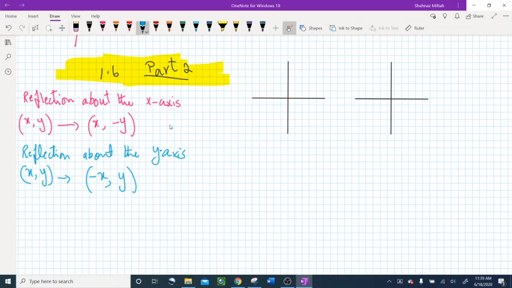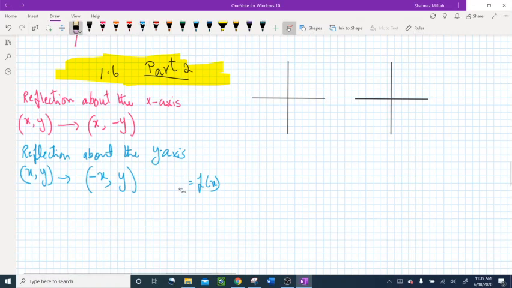Sometimes they also write the notation differently. If it's about the y-axis, they would say something like this. This is the original.